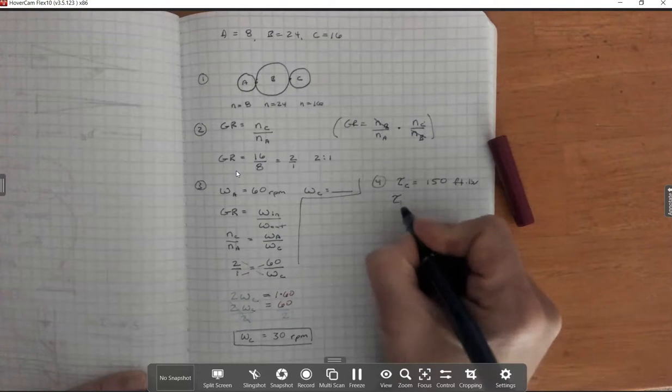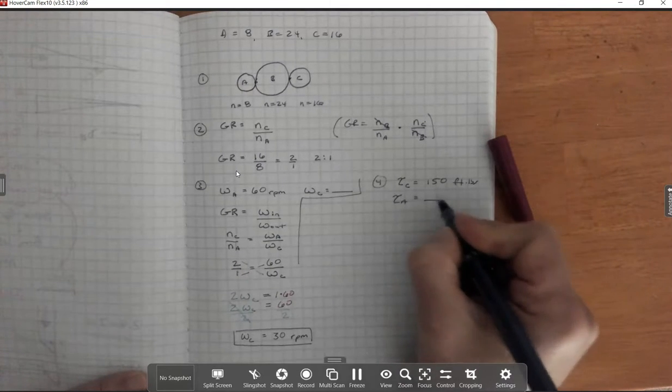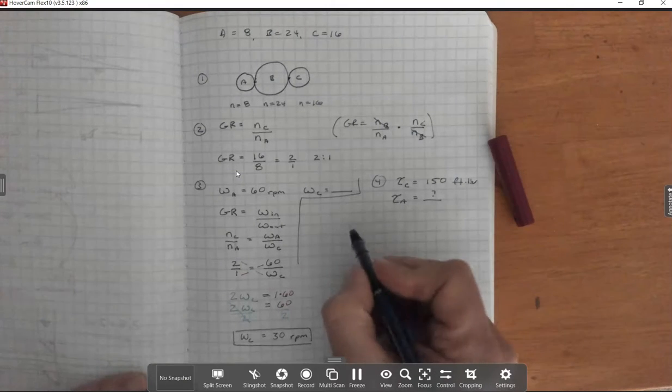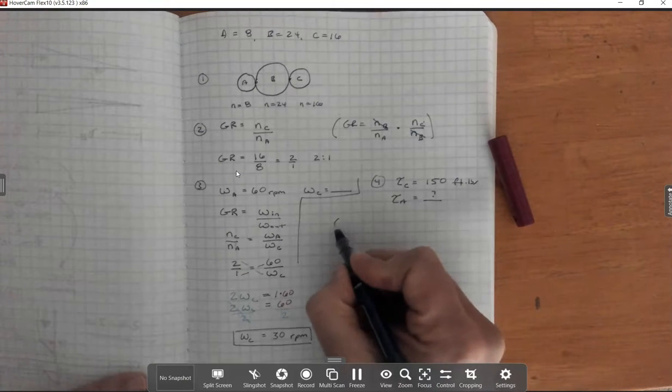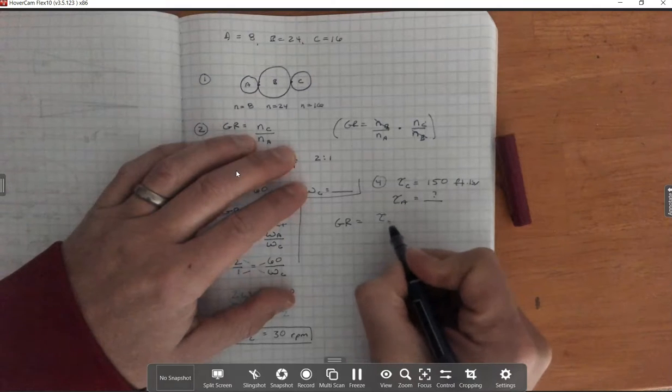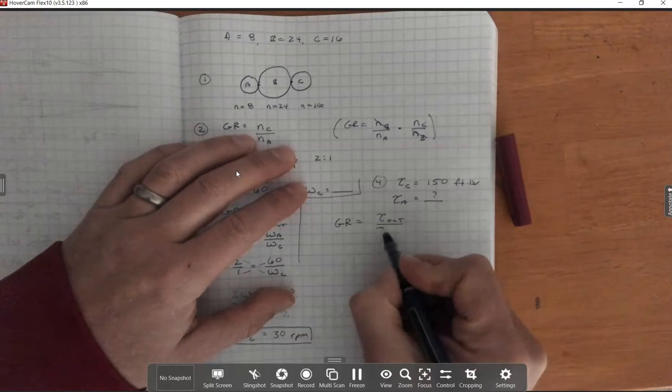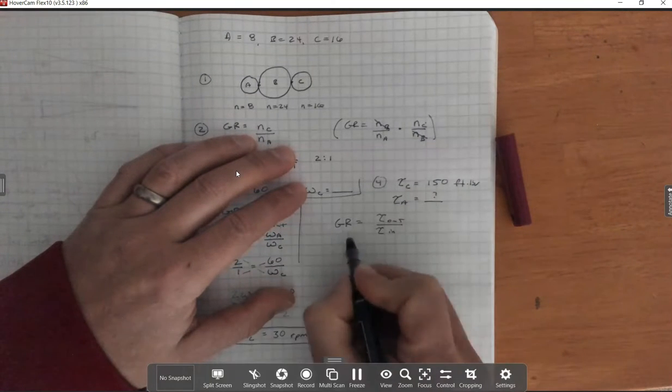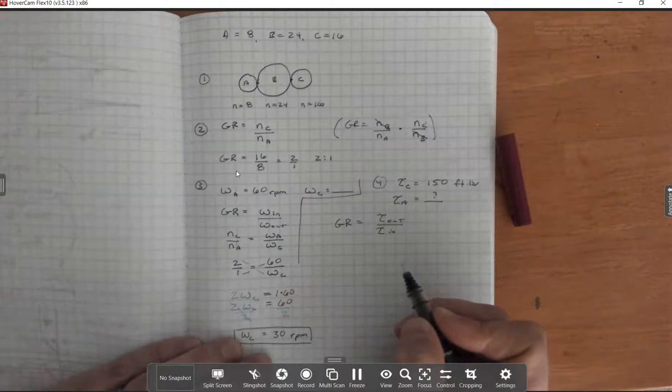The question is, what was the input torque at A? With torques, it is the ratio of the output torque over the input torque that is equivalent to the gear ratio of your gear train.